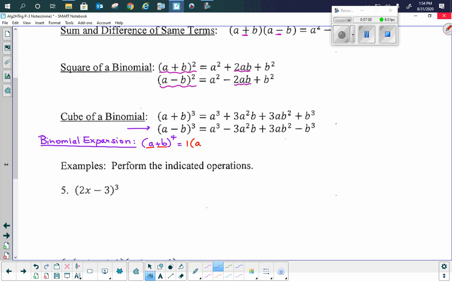So always put the a first, put the positive b second, and whatever this power is, put that full power for the first one. Now the next pattern you need to know is that the power on a and the power on b must add up to this original exponent. Okay, so 4 plus 0 would give us that 4.